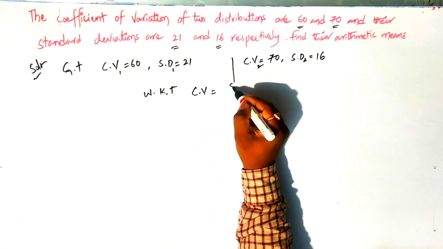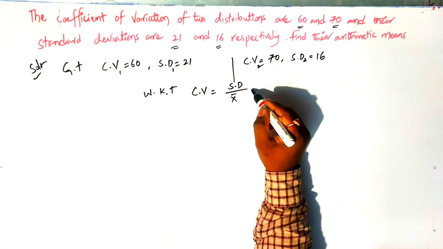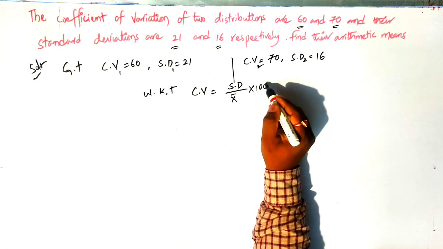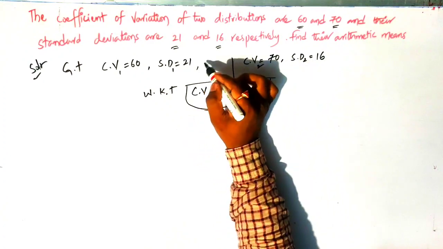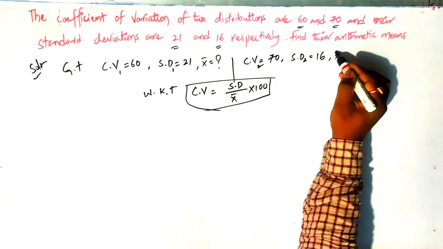We know that CV is equal to standard deviation divided by arithmetic mean into 100. So we find the x bar value here, and here also the x bar value.